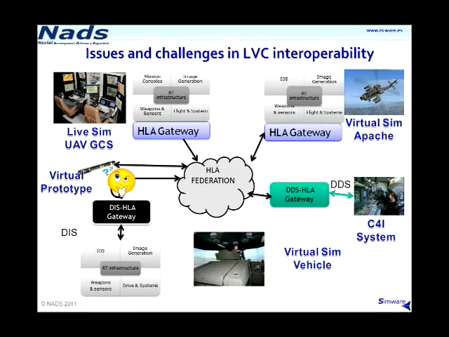It could be very difficult to unplug the Hellfire simulator model and replace it with the virtual prototype of the new Hellfire. The HLA gateway of each simulator is only designed to deal with a small subset of data and capabilities, mainly related to interoperability at a system level. Therefore, the reusability of this federation will be very limited, and a lot of effort will be required to update it to new requirements.